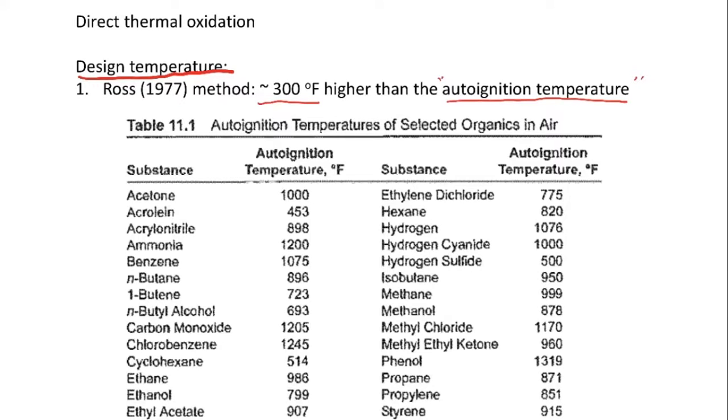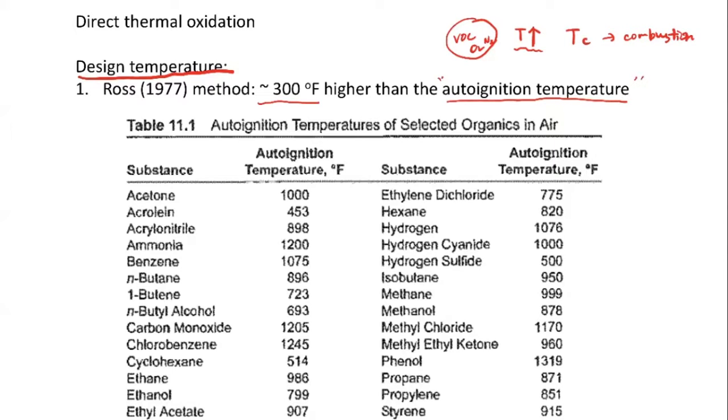Basically what that means is, if we have a mixture of the VOC with oxygen and nitrogen, basically with air, then if we raise the temperature, we're going to hit a critical temperature where the VOCs are going to auto-ignite, right? So basically we're going to have combustion.